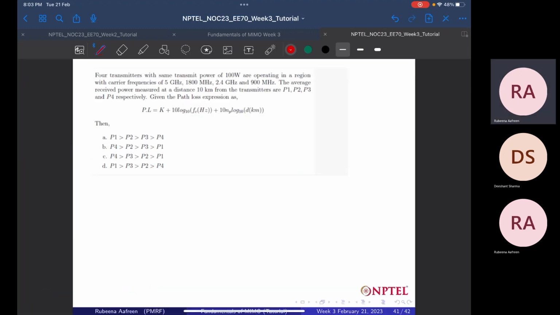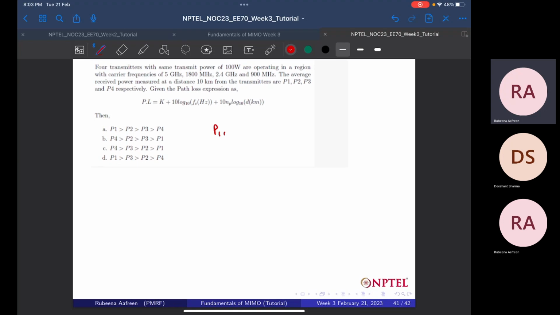Now this problem, you see, we have 4 transmitters with transmit power given and carrier frequency given. P1, P2, P3, P4 are the received powers and the path loss expression is given. So what do you think should be the order of P1, P2, P3, P4? And please note that when path loss is higher, then received power would be less.